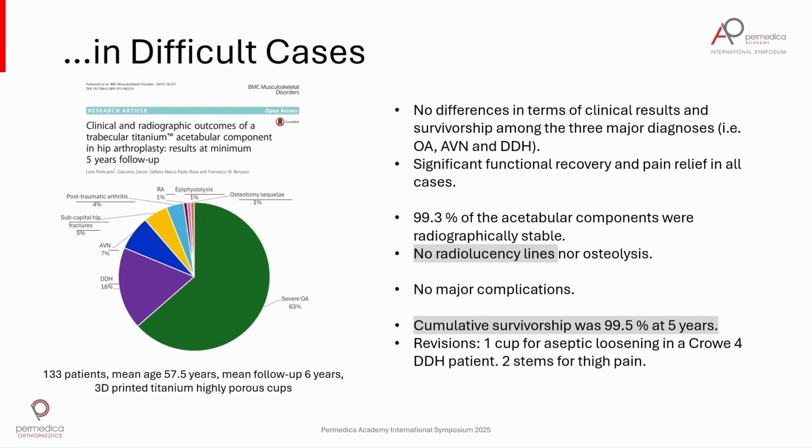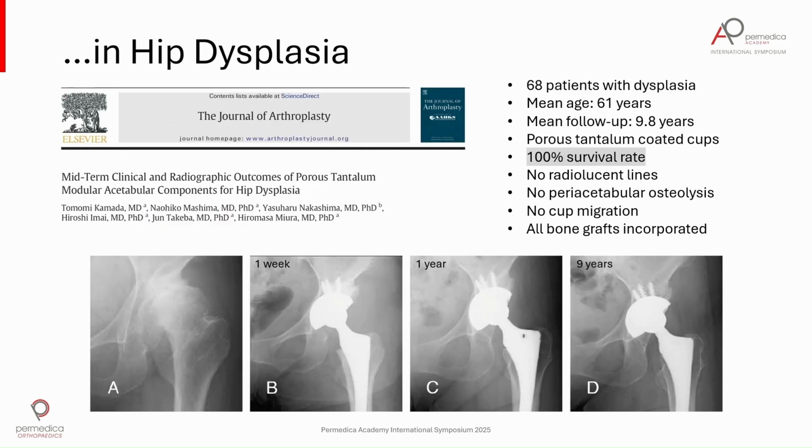When you analyze this paper, you have no major complications, no radiolucent lines, or osteolysis, but what fails is the cup and the stems, always in this kind of complicated cases. When you go to dysplasia, in this paper, 68 patients, 100% survival rate, and these are a group of young patients.